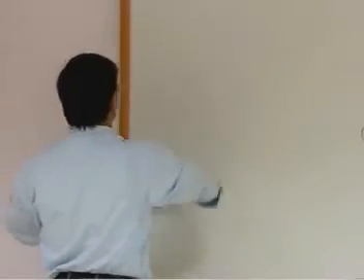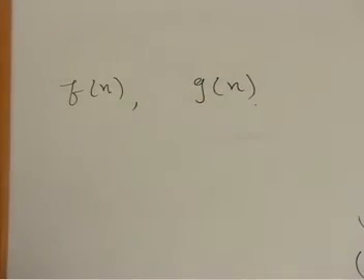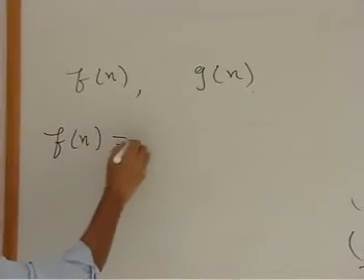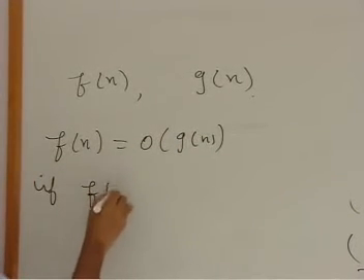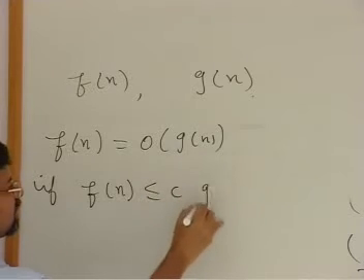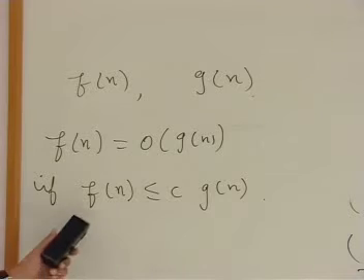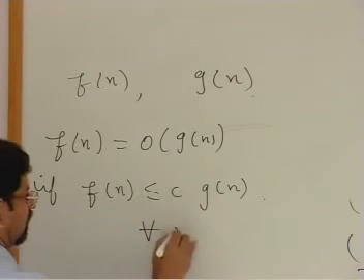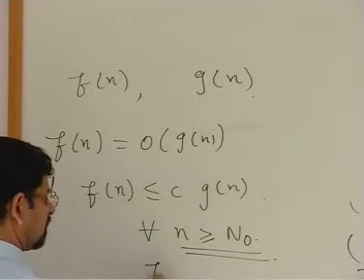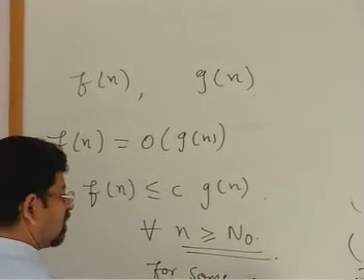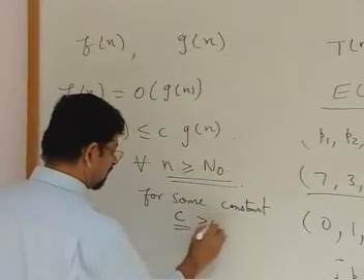Let f of n be a function and g of n be another function. f of n is order of g of n if f of n is less than or equal to some constant times g of n, for all n greater than or equal to some threshold value n naught, and for some constant c which is greater than 0.